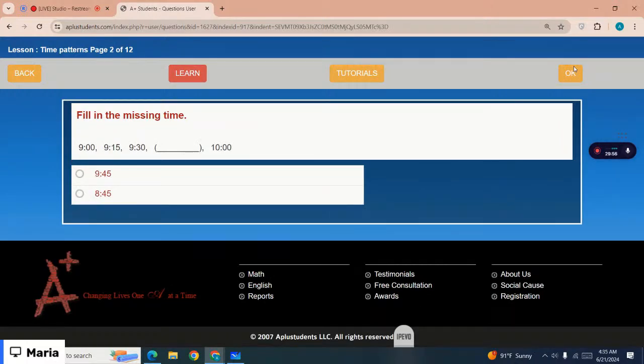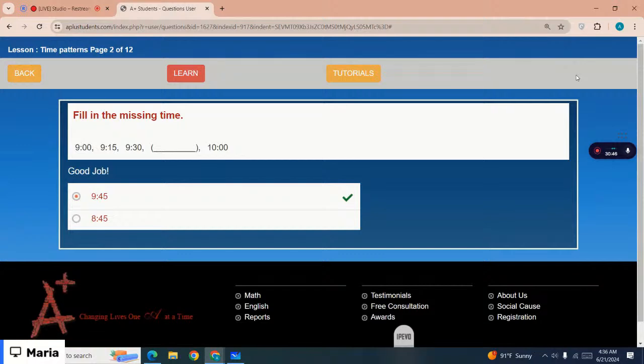Fill in the missing time. 9, 9:15, 9:30. So which is missing? Yes, the correct option is 9:45.